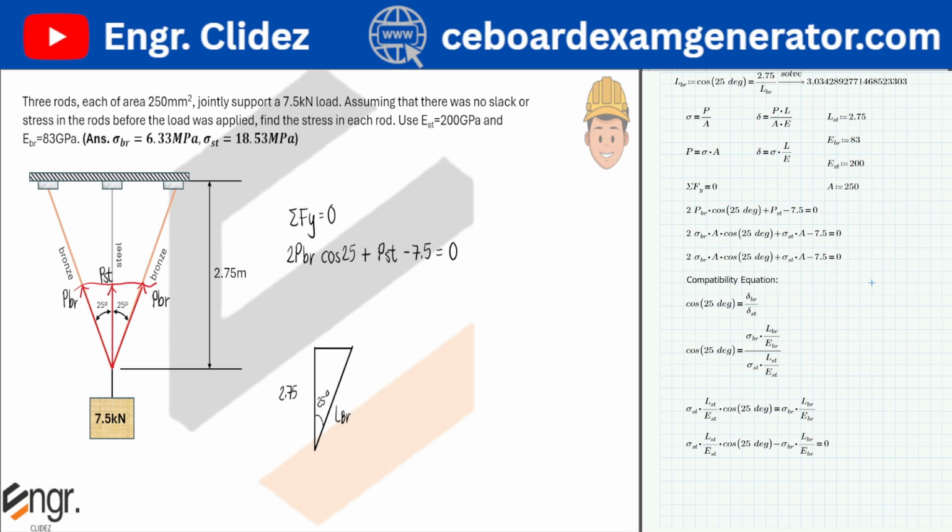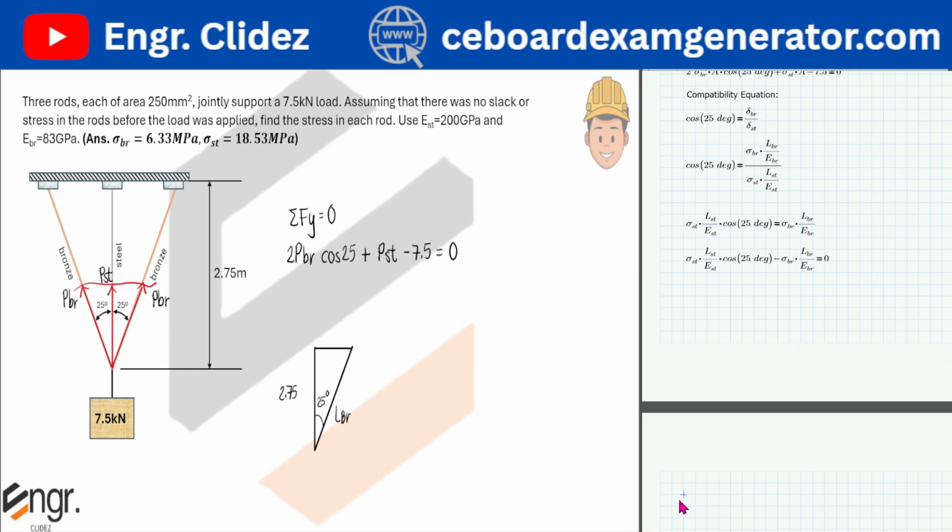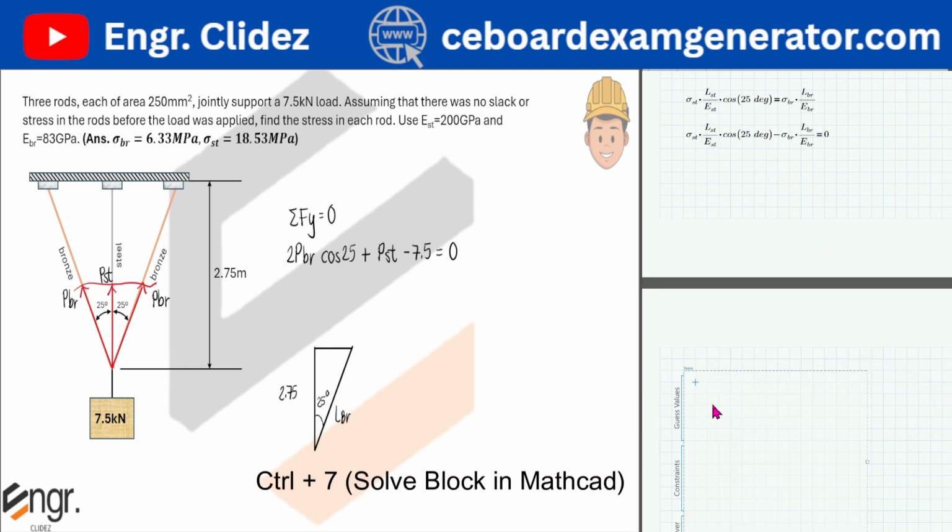However, since our load is in kilonewtons, and the unit MPa is equal to Newton per millimeter squared, we have to convert 7.5 into Newton. To create a solve block, just press Ctrl plus 7, and we have here our guess values. First, we have the stress in the bronze rod. We set it to 0, and the stress in the steel rod, we set this to 0 also. These are our guess values.